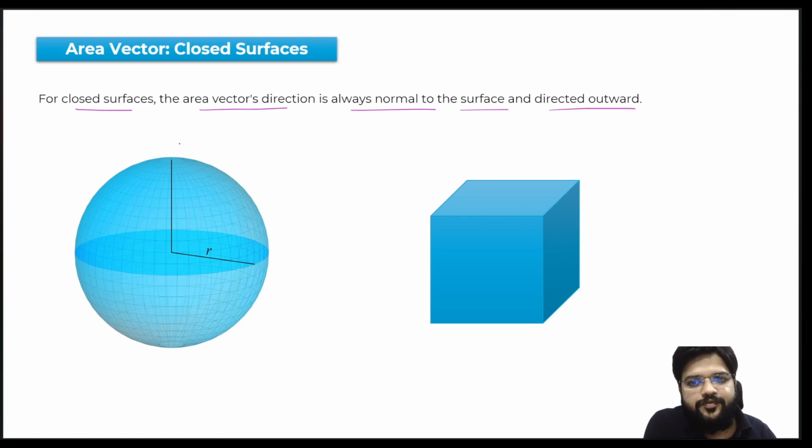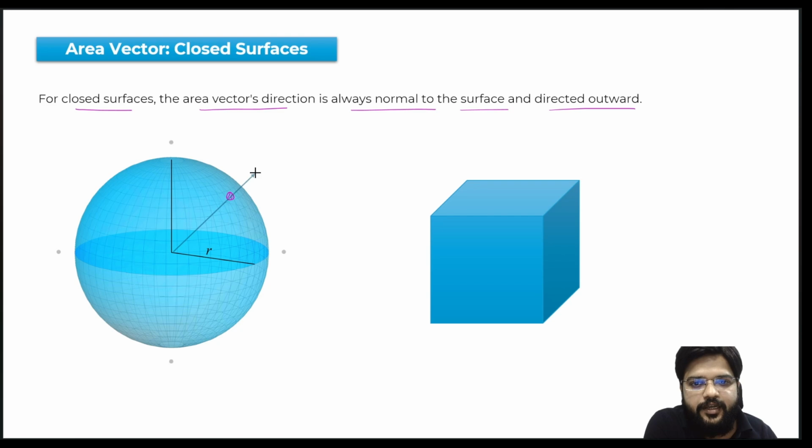So here we have one sphere, you can see it in this picture. We have a spherical surface, and suppose at a point we want the direction of the area vector. How will we draw it? We will draw one arrow, putting the tail of the arrow at the center of the sphere, and here we have the head of the arrow.